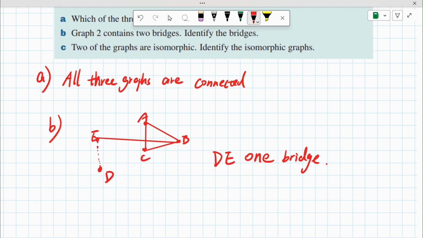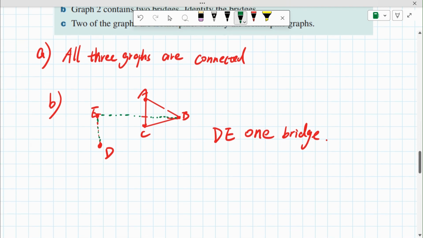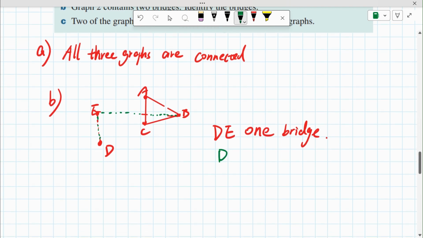If I remove the other one, which is E to B, that becomes bridge 2. So EB is another bridge.